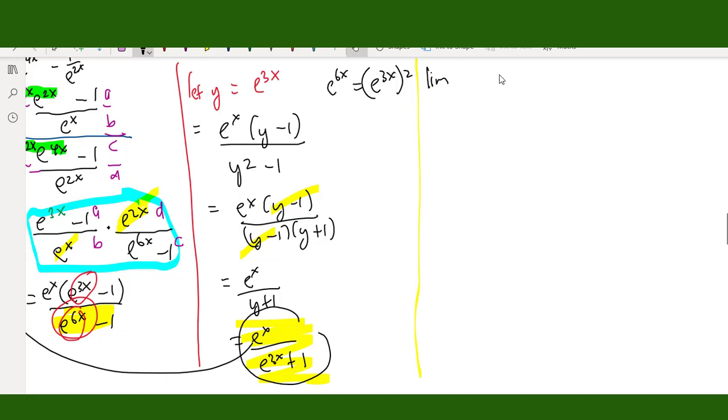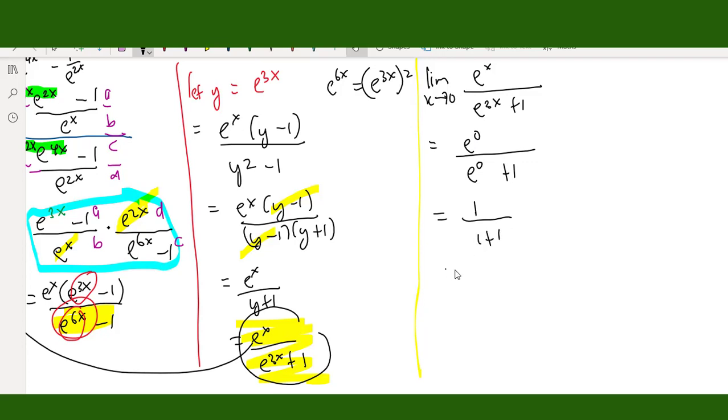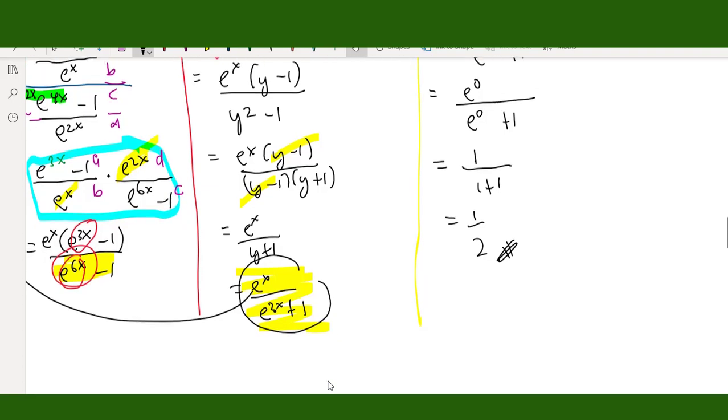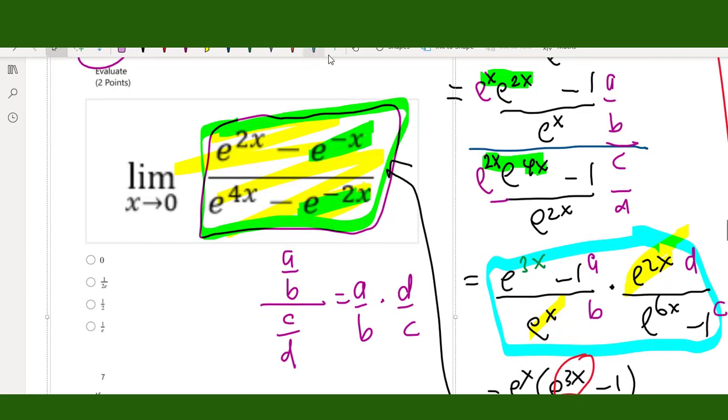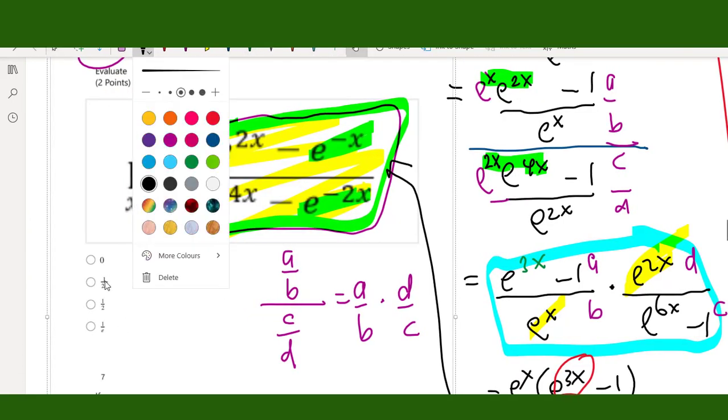Limit of e power x over e power 3x plus 1 as x approaches 0. Then substitute: e power 0 over e power 3 times 0, 0. And then is equal to 1. e power 0 is 1, 1 plus 1, so it is equal to 1 over 2. Answer is 1 over 2.